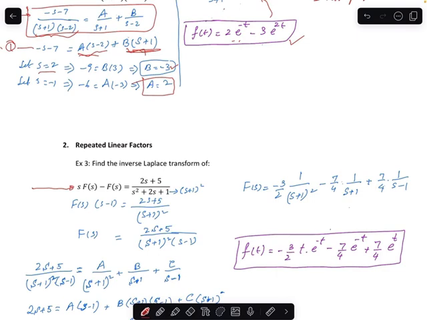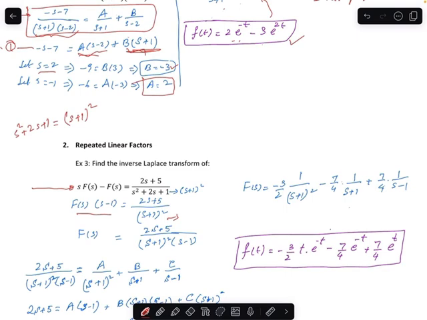So when I factor out the F of s on the left, I end up getting times the factor s minus 1. And on the right hand side, the numerator is 2s plus 5. Now the denominator, s squared plus 2s plus 1, is (s plus 1) whole squared. So I will write it as (s plus 1) whole squared.